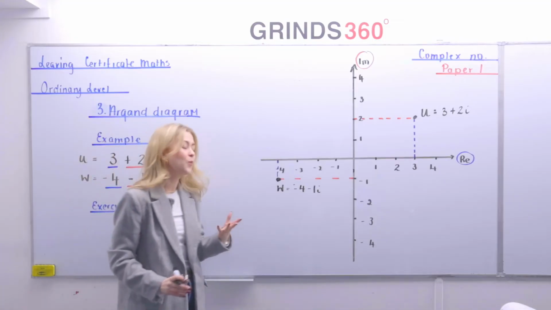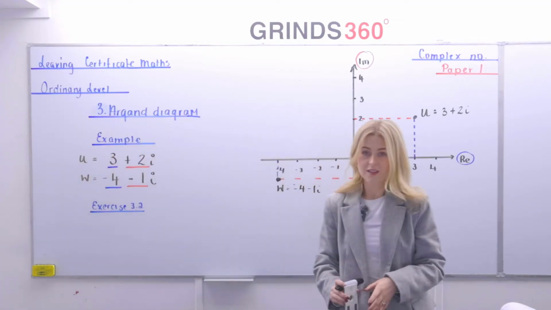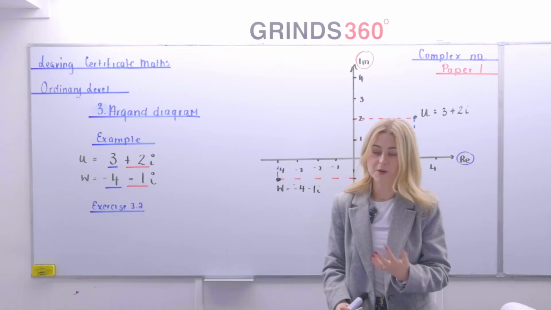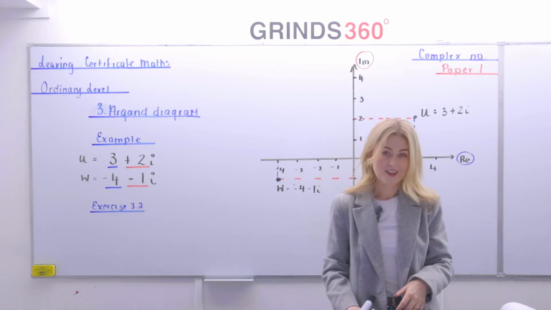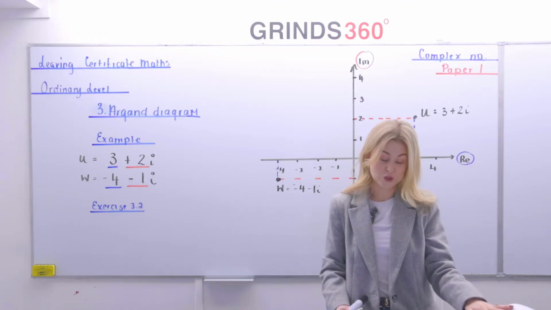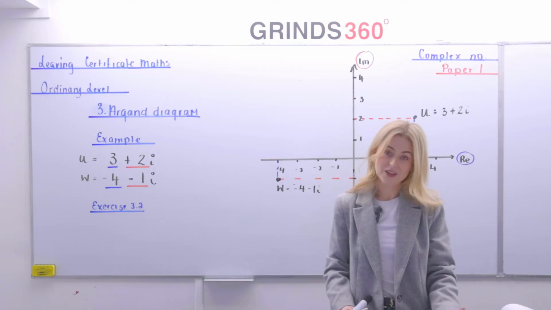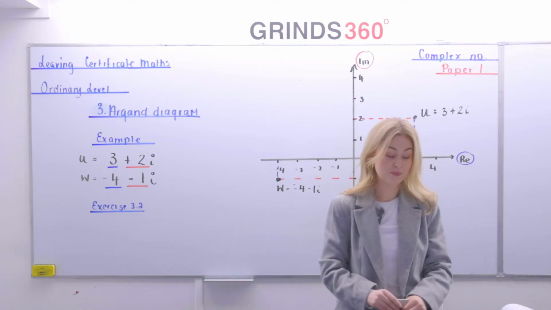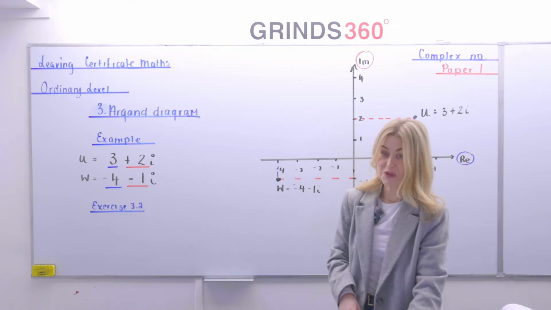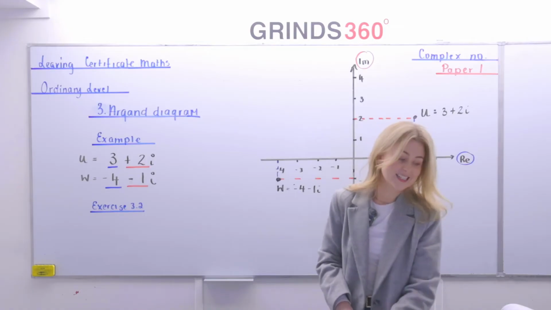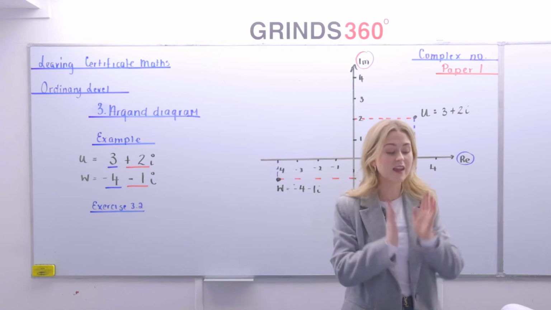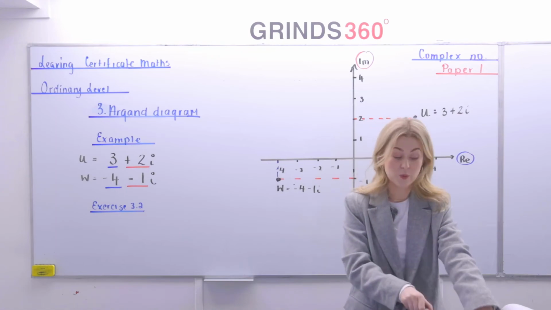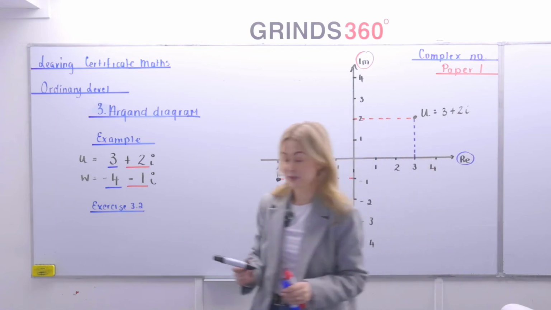Now, let's take a look at one of the examples in your notes. These tend to be very, very similar to the Leaving Cert exam. I want you to pop as far as page 178. On page 178, you're going to see exercise 3.2. Exercise 3.2, what does it ask? It says, represent the following points on the Argand diagram. We have Z1. Z1 is 2 plus 3i.